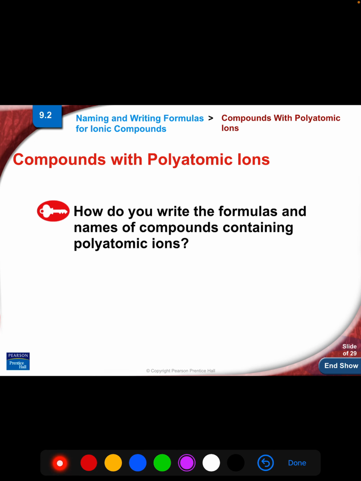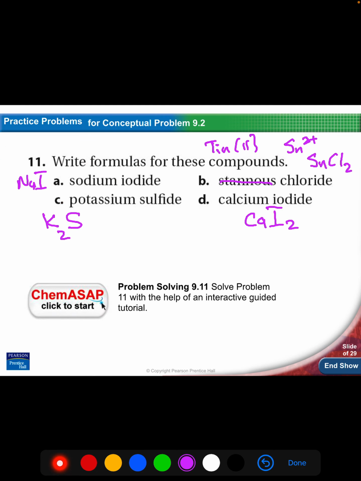And, given these names, you should be able to work back from those formulas. The only trick is when you're writing these formulas and you get a metal that is a transition metal in the D block with the D electrons, then you have to include the Roman numeral for the charge on it.